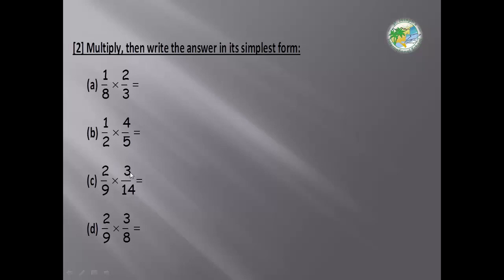We can simplify 3 with 9 and 2 with 14. How? 2 و 14 في تايم تيبل 2 يبقى divide by 2 equal 1, 14 divide 2 equal 7. Now 3 و 9: 3 divide 3 equal 1, 9 divide 3 equal 3.